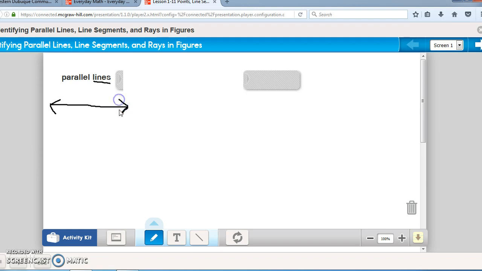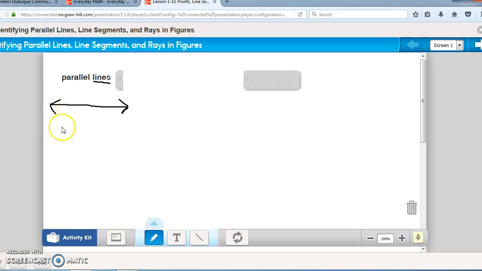It's kind of like that Lamb Chop song that goes, "This is the song that never ends." Only that's how I remember what lines are, because lines are, "This is the line that never ends. Yes, it goes on and on, my friends." So remember, if it goes on, it needs to have arrows on the end.